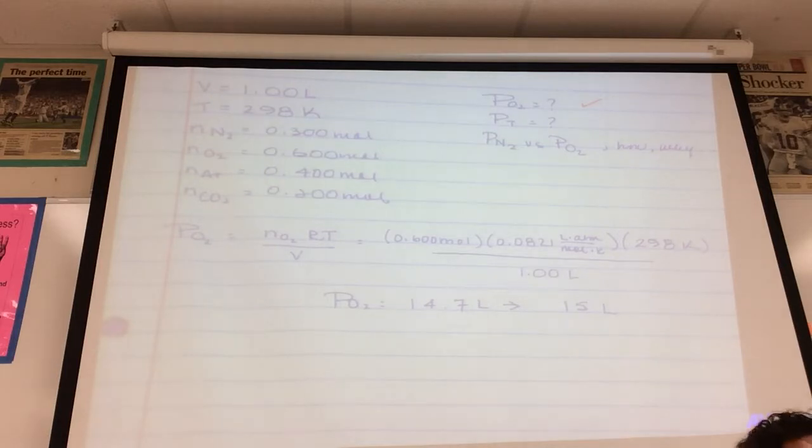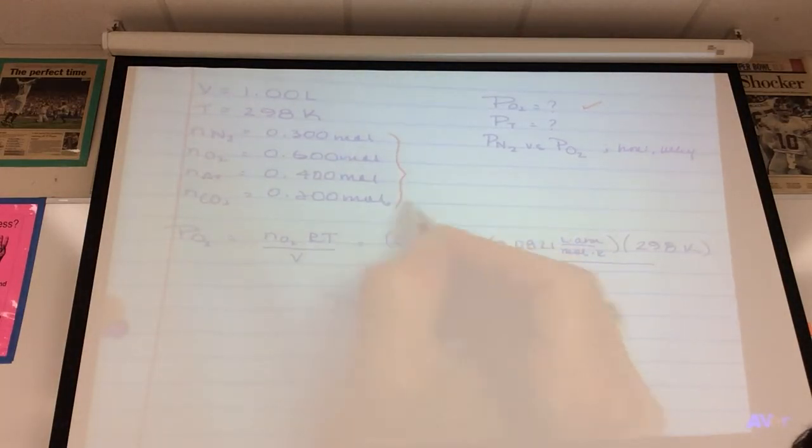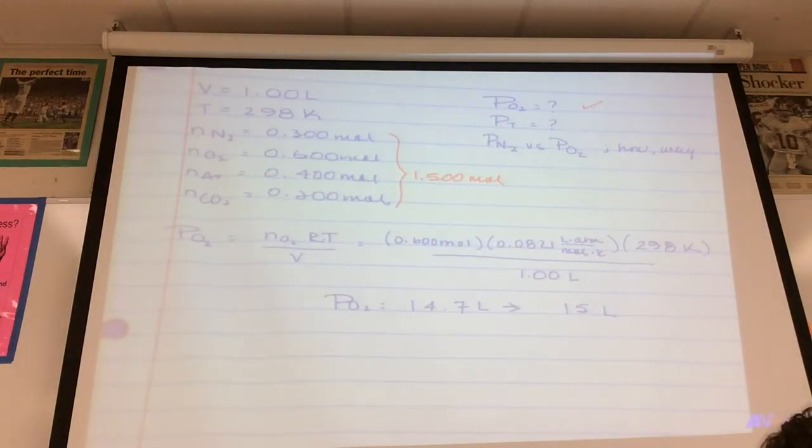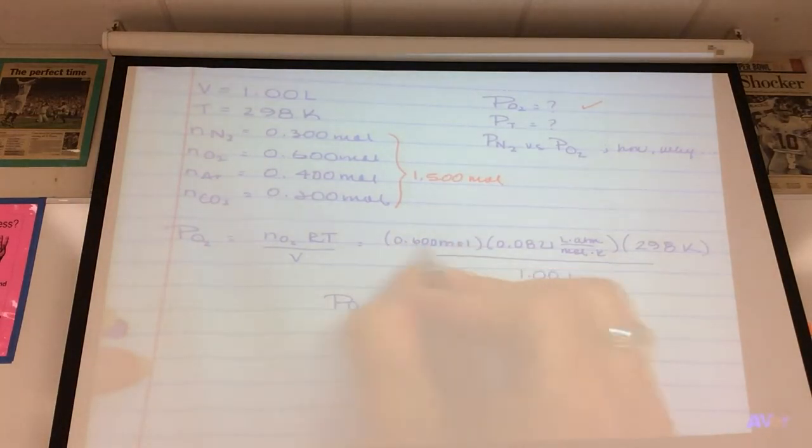Next question was to get the total pressure. How are we going to get the total pressure? And think simple. All right, so if we add up all the moles, we get 1.500 moles. You got it. So instead of this, we would have put this in.